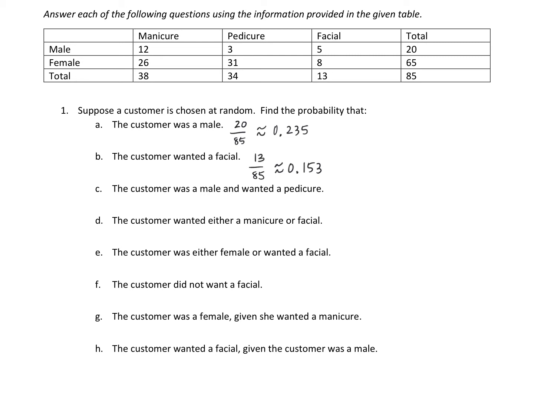Okay, part C, the customer was a male and wanted a pedicure. So find the probability that the customer was a male and wanted a pedicure. First of all, we have the males. Then we want to look at a pedicure. So we want to see where those intersect, and that's going to be the number of males that wanted a pedicure.